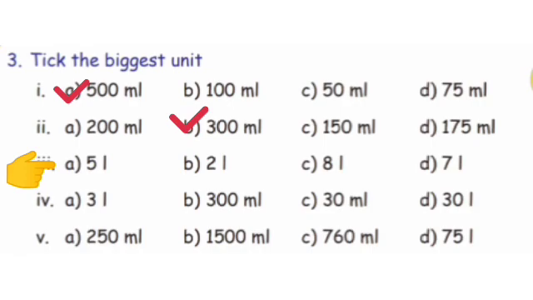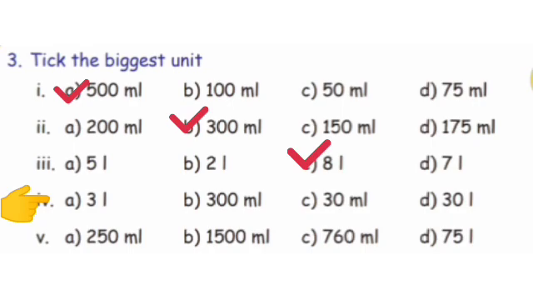Third one, 5 liter, 2 liter, 8 liter, 7 liter. Among these four, which one is the biggest unit? Yeah, good. 8 liter is the biggest unit. So we have to put a tick mark. Fourth one, 3 liter, 300 milliliter, 30 milliliter and 30 liter.